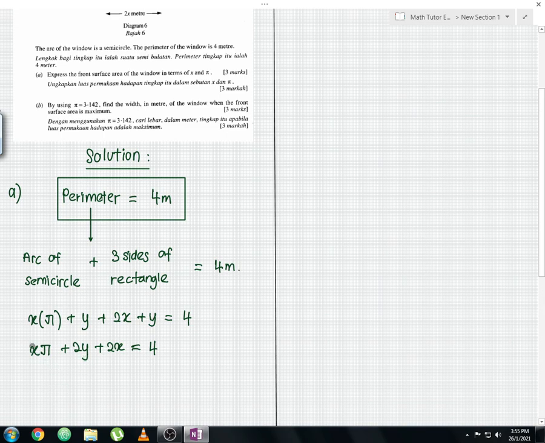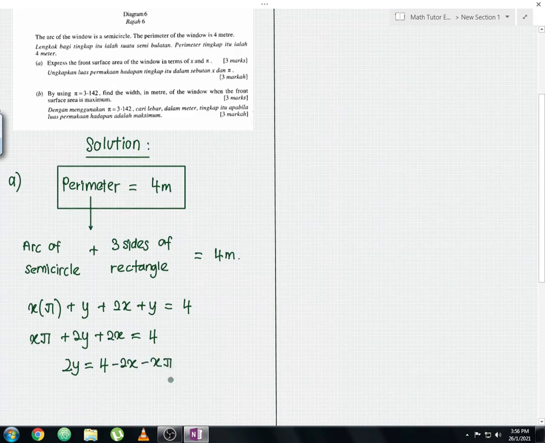So from here, the x pi and the 2x, we're going to move them to the right hand side. So from here 2y will be equals to 4 minus 2x minus x pi.